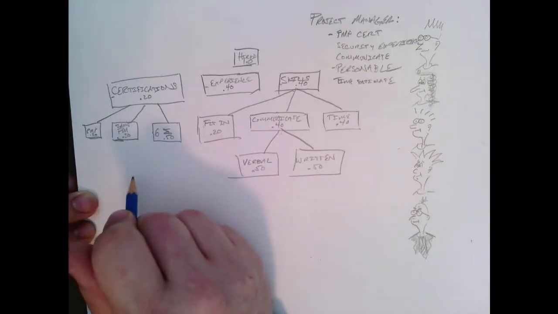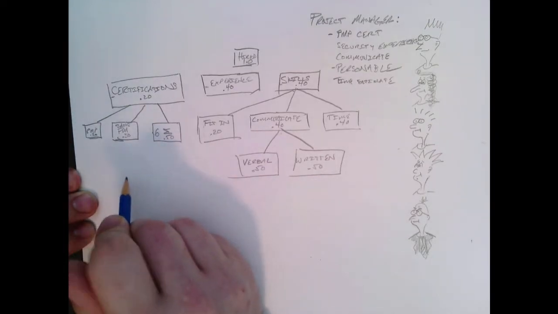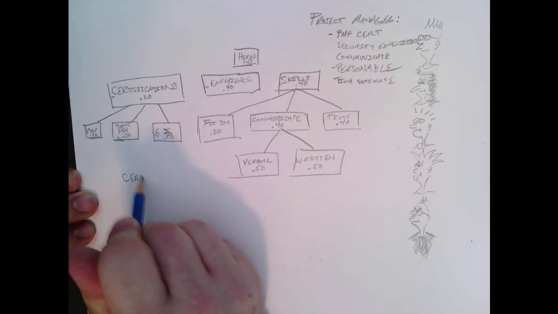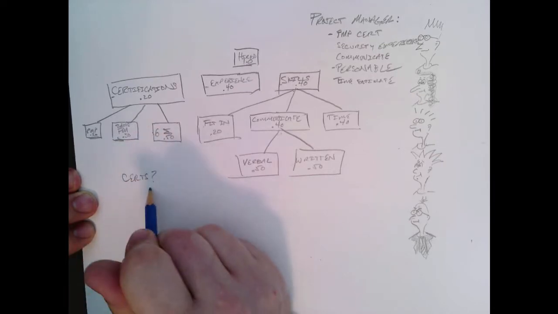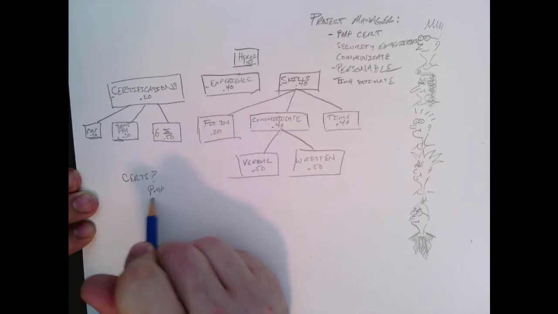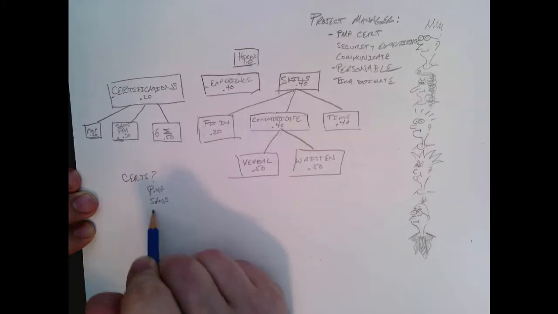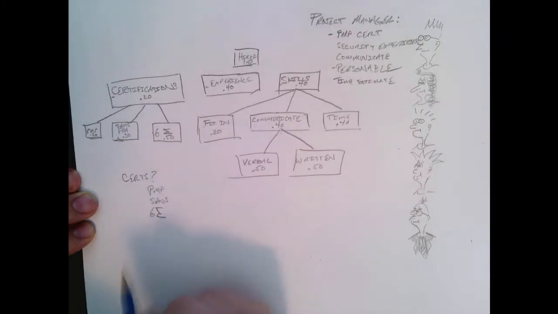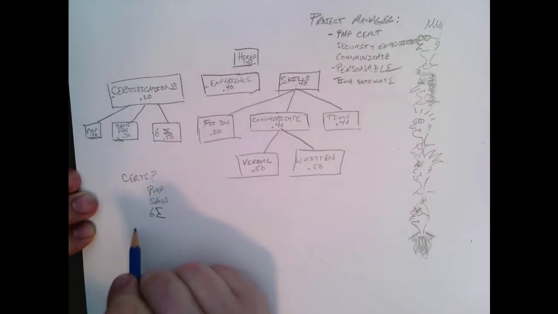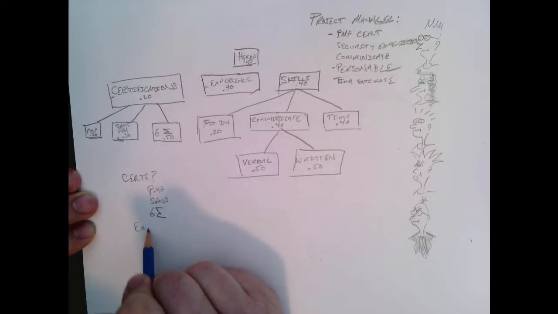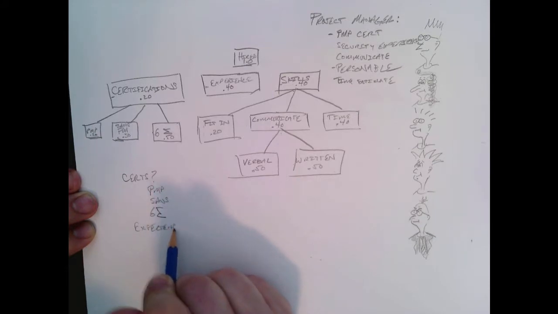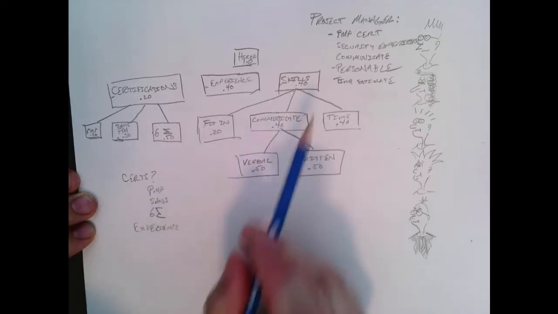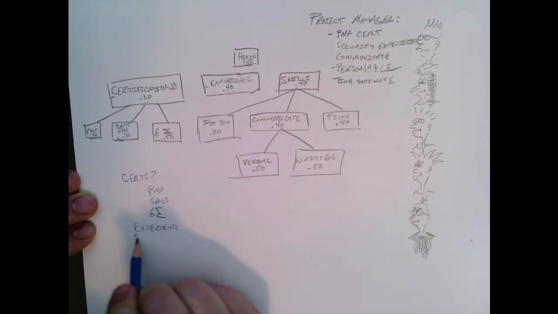Do they have certs? So I'll put here, kind of building out a rubric, certs, and we'll say PMP, SANS, Six Sigma. Next, I've got experience, and that's going to be simply a rating. Finally, I've got skills, but under that subheading, I've got a lot of other things happening.